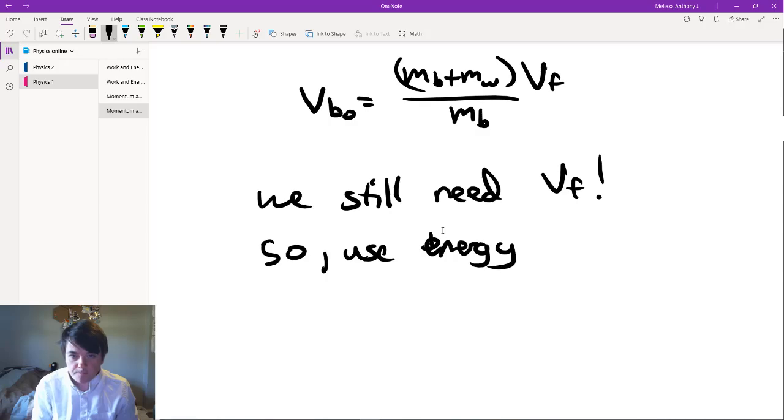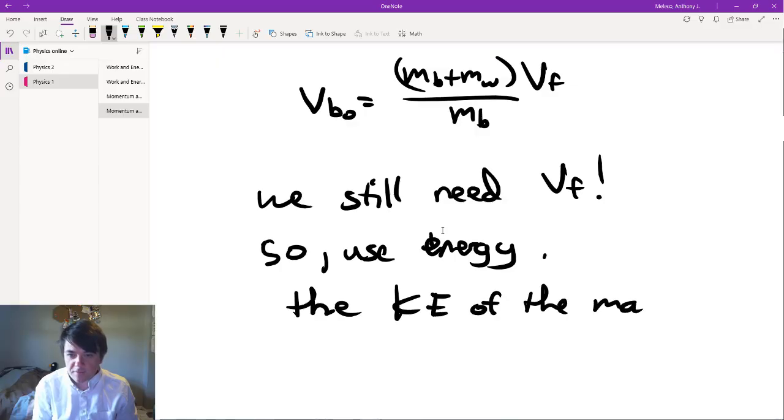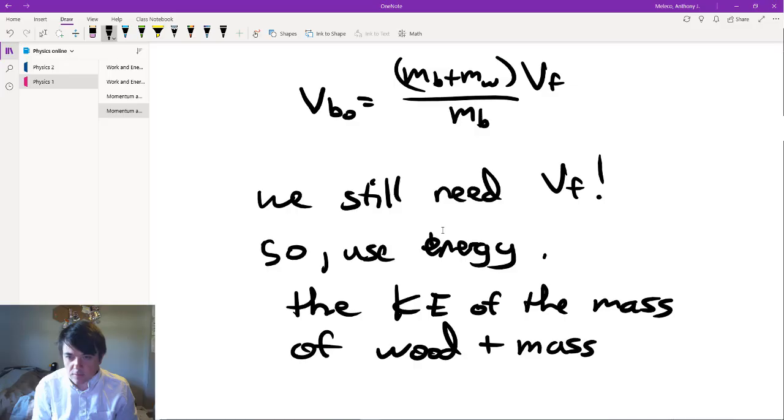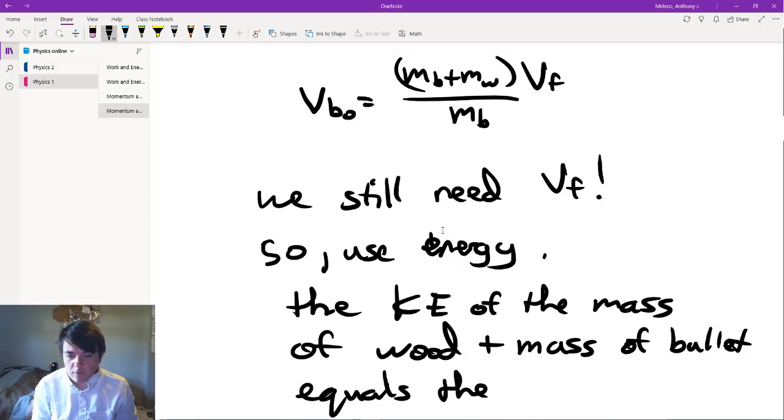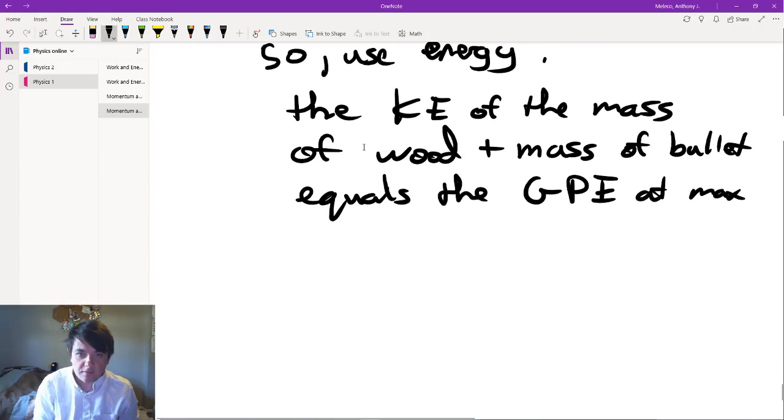The KE, so the kinetic energy of the mass of wood plus mass of bullet equals the gravitational potential energy at max height.